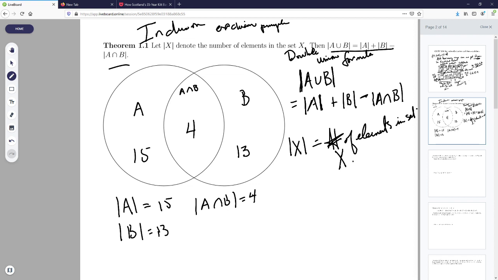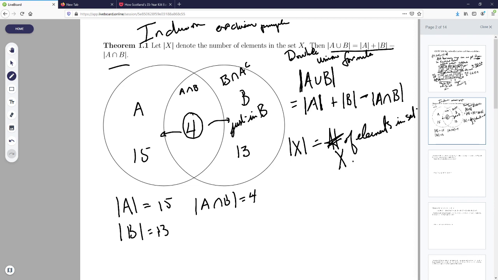The answer is because 4 of these items are in A, but they're also in B. So how many things are just in B? What I mean by just in B is B intersection A complement, essentially. So we don't want repetitions.